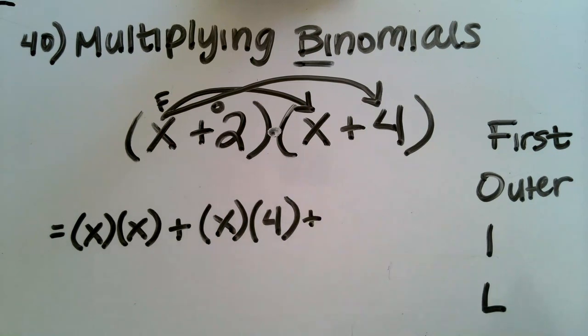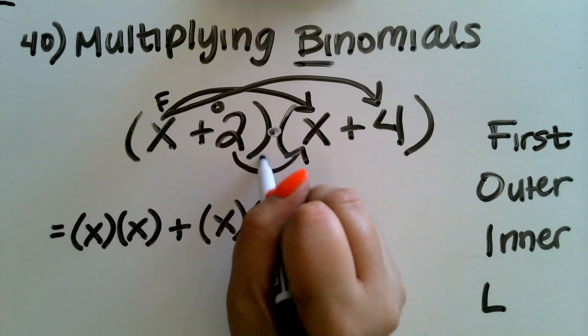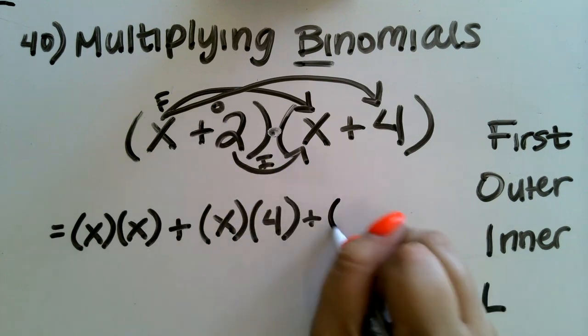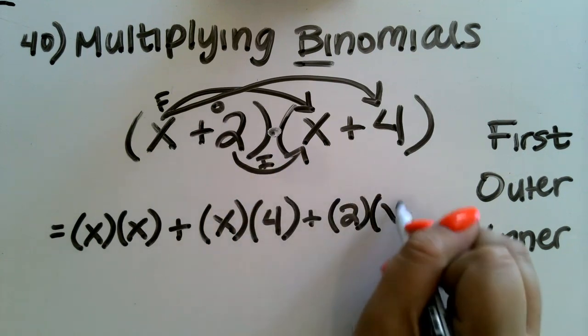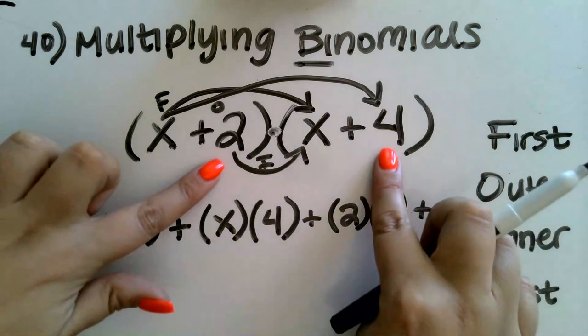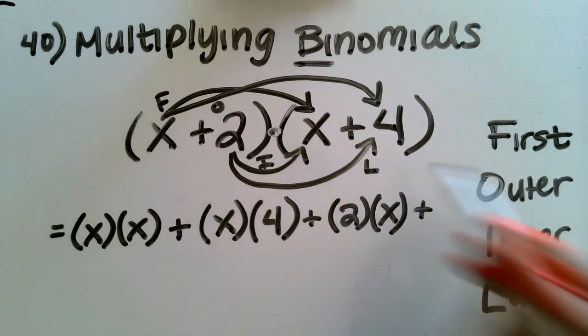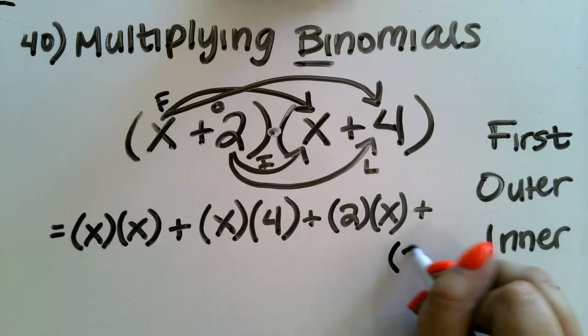Again, we're going to keep adding, and now we're going to multiply the inner two terms together. This is our I. 2 times x. And then finally the L stands for last, okay? The last two terms, this 2 and this 4, we're going to multiply together there, and I am running out of space.